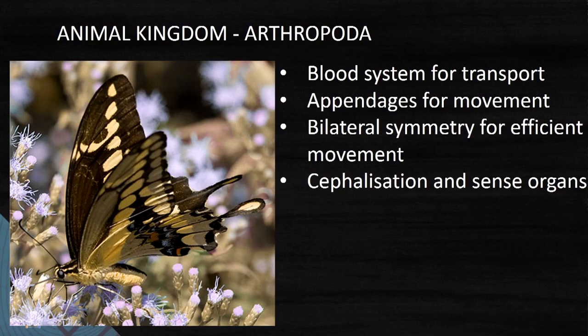Then the next group is the arthropods. And arthropods are the most numerous phylum on Earth. There are millions of different types of insects, and they're very successful. How often do you wish there weren't flies or there weren't cockroaches? But they're there.